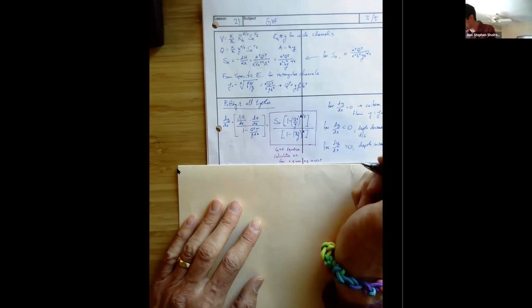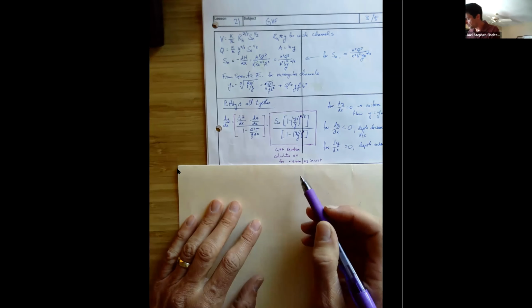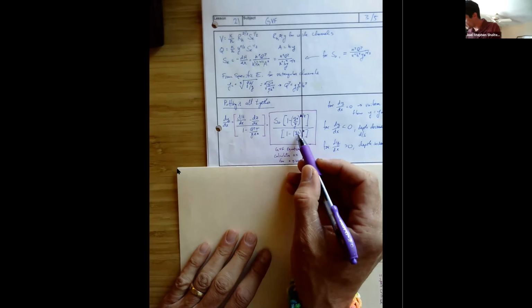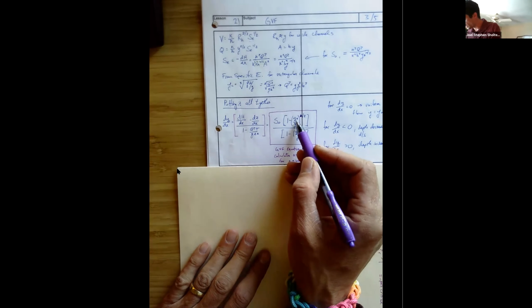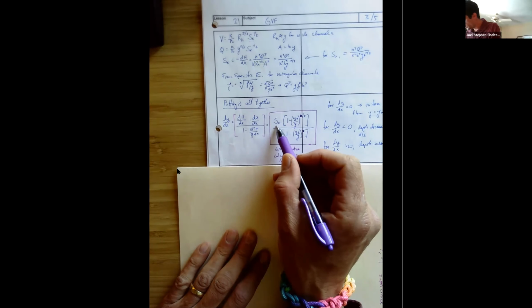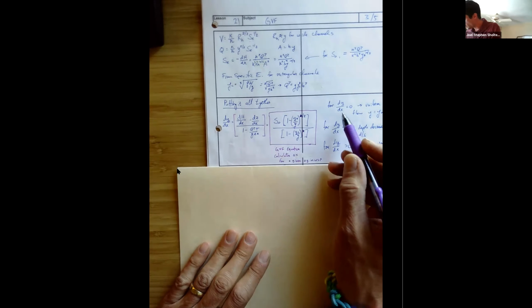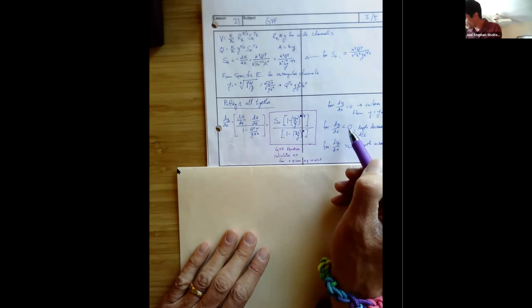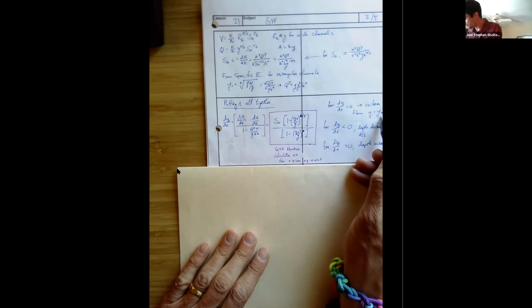That's to the third. And we'll go through an example in the spreadsheet. But we have the critical depth, and we have the normal depth, and we have the bed slope in here. So when dy over dx is equal to 0, our y is equal to yn.